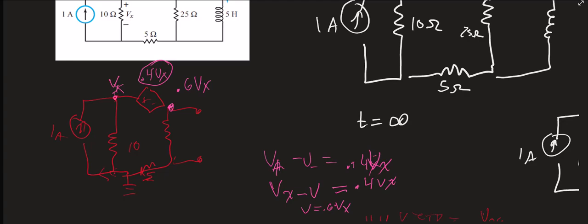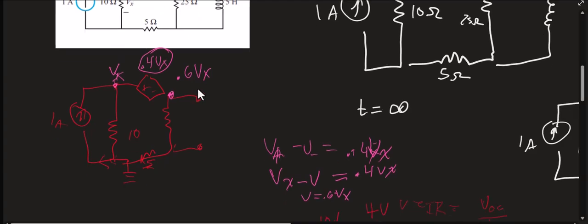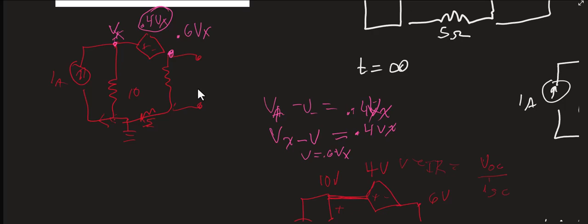So from Vx, our node equation would be negative 1 amp plus Vx over 10, and then going to the right, let's look at what's happening going to the right. We'll have a current here, and whatever current we have here, that current has to also go through this branch because it doesn't have anywhere else to go.